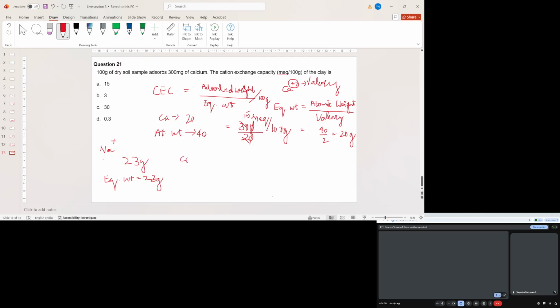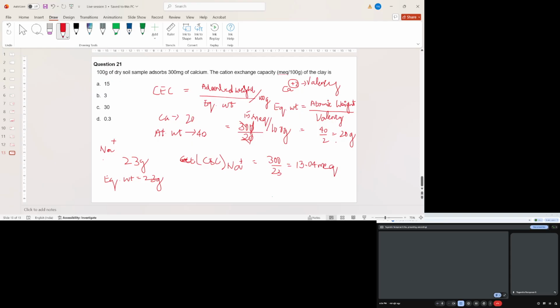Now the CEC of sodium is 300 by 23, 300 divided by 23, which is 13.04 milli equivalent.